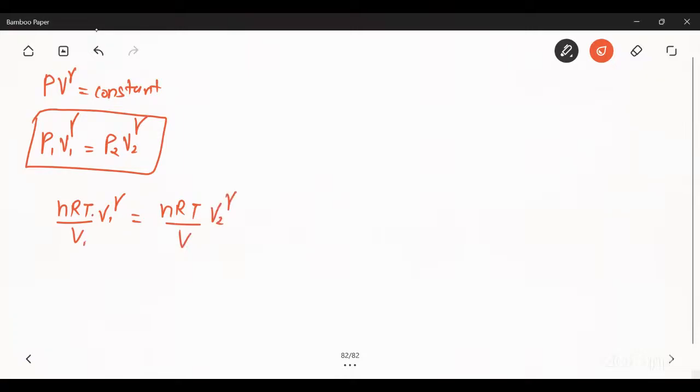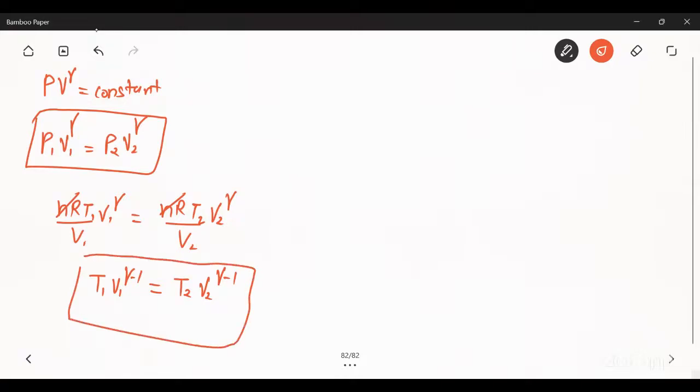So nR is constant and cancels. So T1 V1 to the power gamma minus 1 is equal to T2 V2 gamma minus 1. The next condition is T1 V1 gamma minus 1 is equal to T2 V2 gamma minus 1.